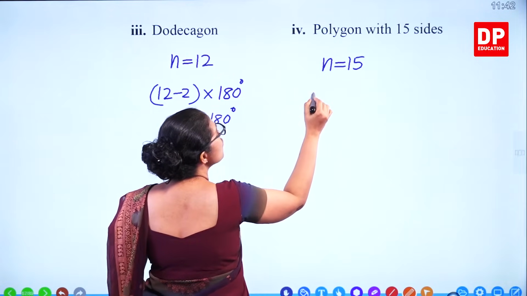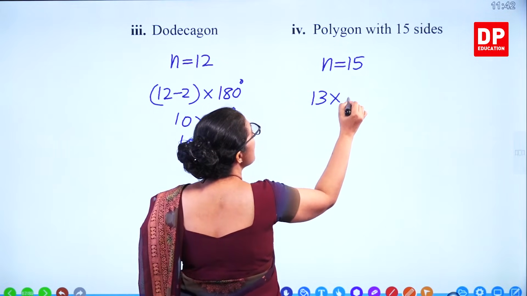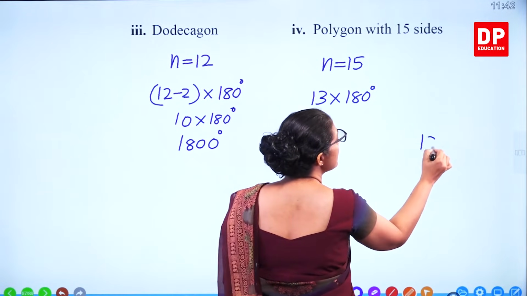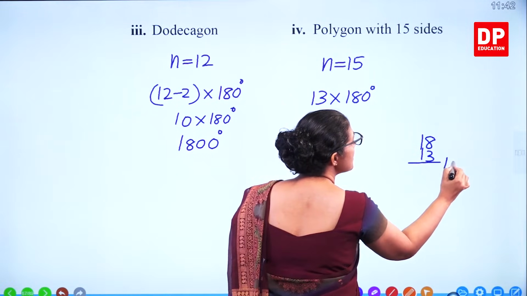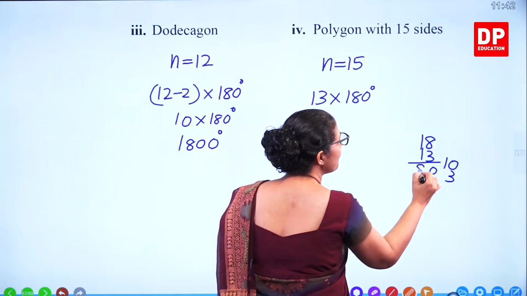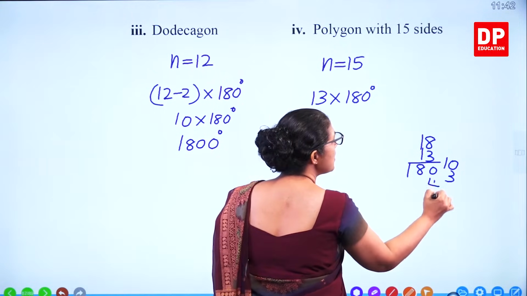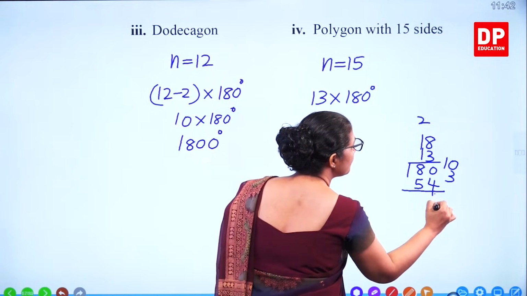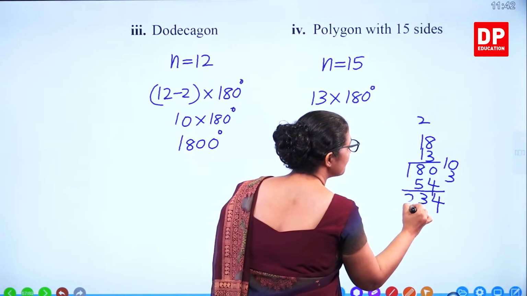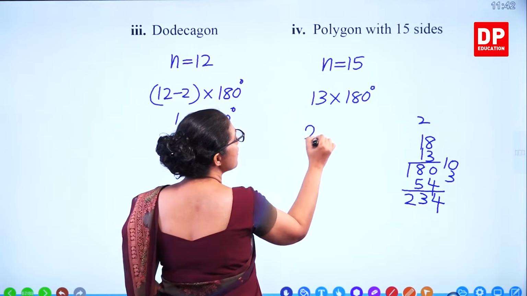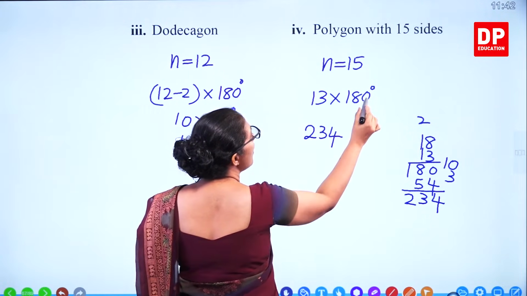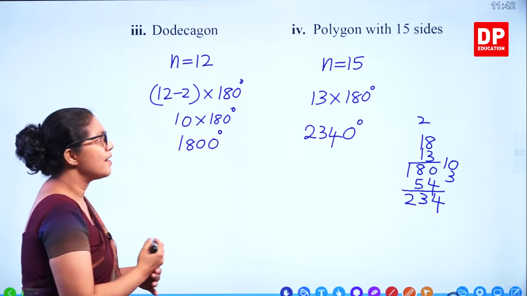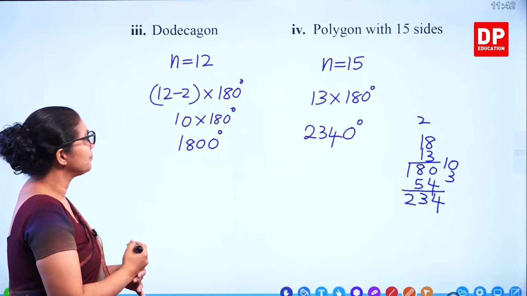So 15 minus 2 is 13 times 180. So we'll multiply 18 and 13. 10 and 3. You get 3 times 8, 24. 3 times 1, 3 plus 2, 5. 234. And there's a 0. Put 0 there. 2340 degrees.